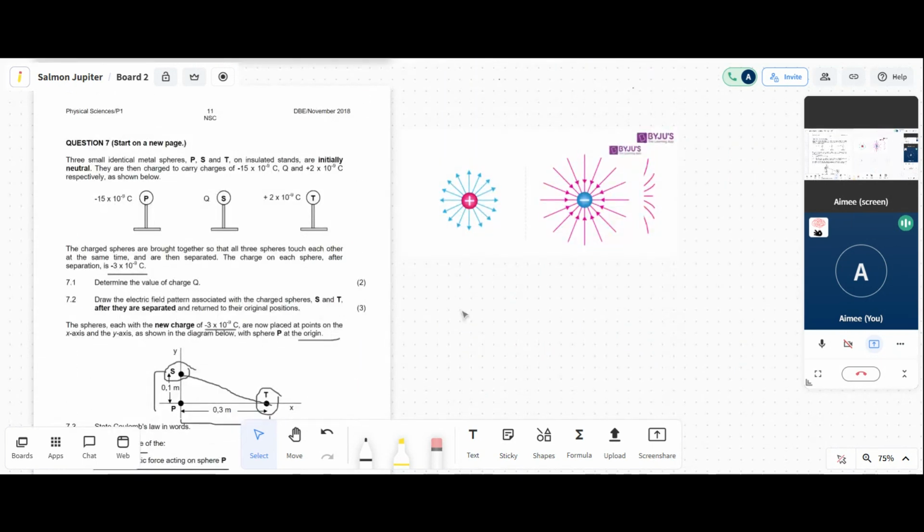So what they're basically asking you to do is go back to the start, and they say that these spheres were all neutral, okay, which means they had no charge on them. And then they were given charges. Okay, P was given a charge of negative 15 times 10 to the negative 9 coulombs, and T was given a charge of positive 2 times 10 to the negative 9 coulombs.